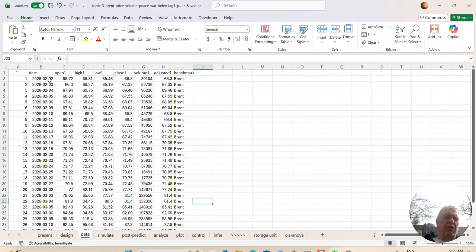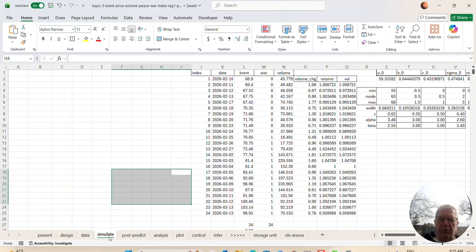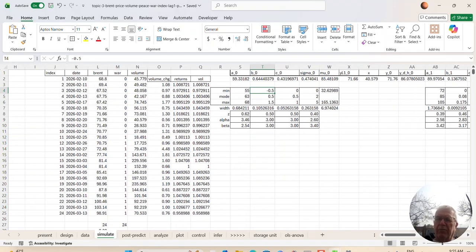Okay, and we took a data sample here. The exercise here would be to expand on this. And back to the simulate, which is doing a lot of work for us. You can see where we picked up these numbers. I actually entered them over here and then copied them over there.